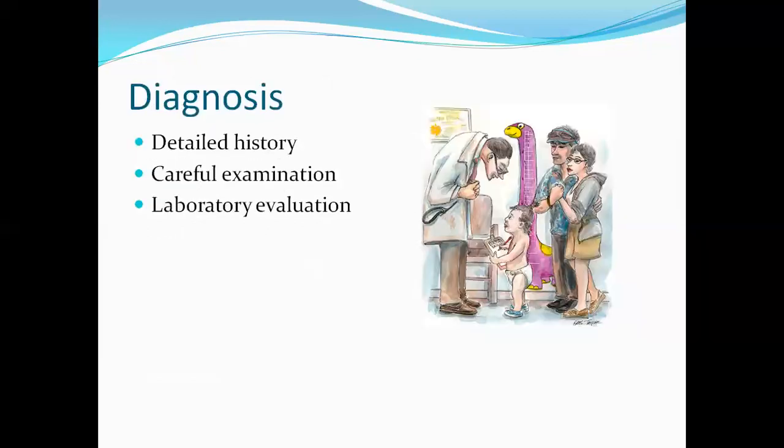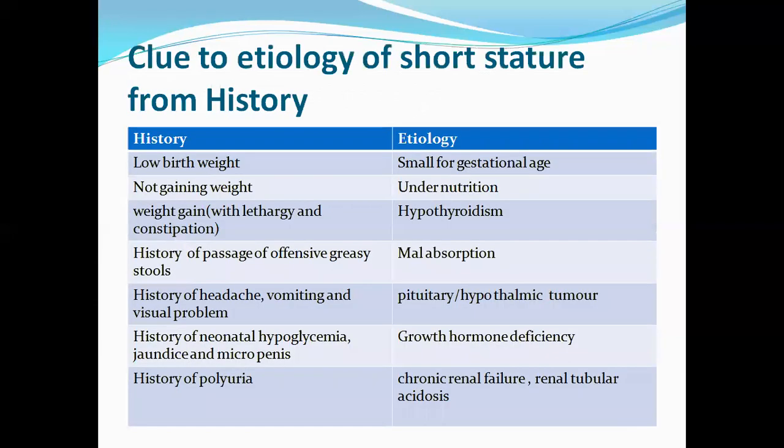Now, diagnosis. When we get a case of short stature, we need to get a detailed history, right from the antenatal history, birth history, everything we need to carefully ask. Then careful examination, then laboratory evaluation. Clues to the etiology of short stature from history.